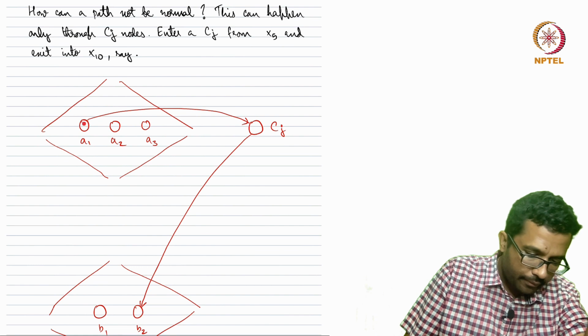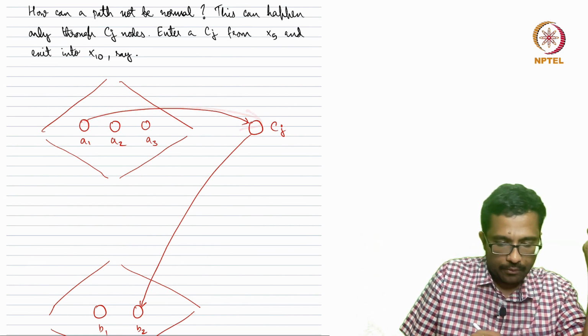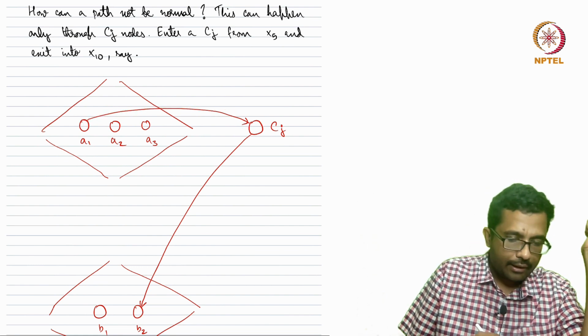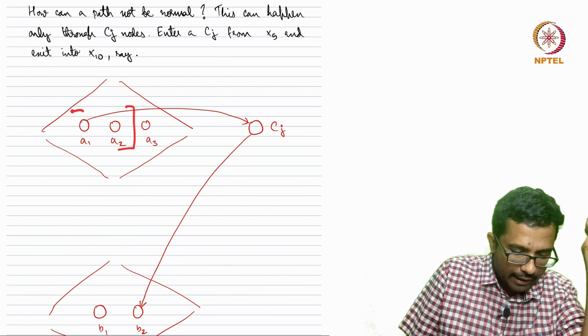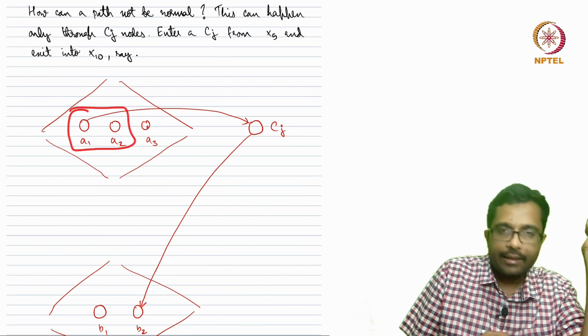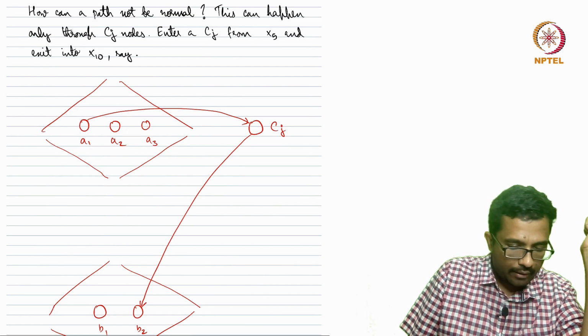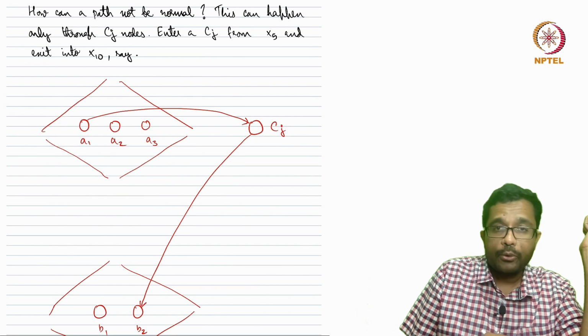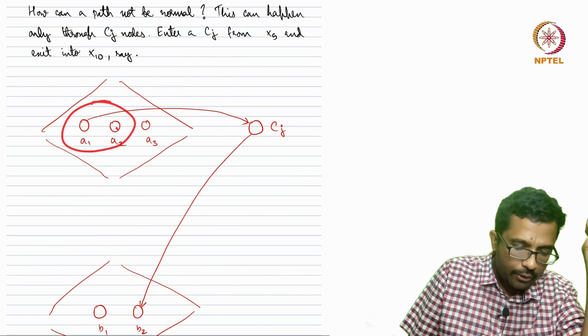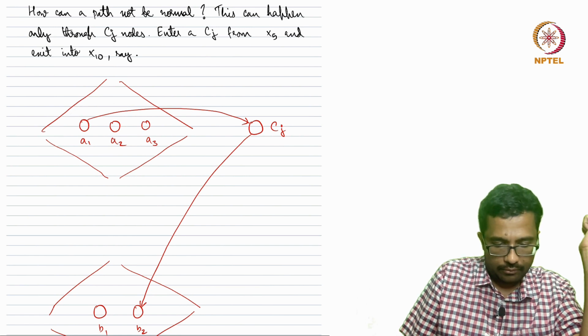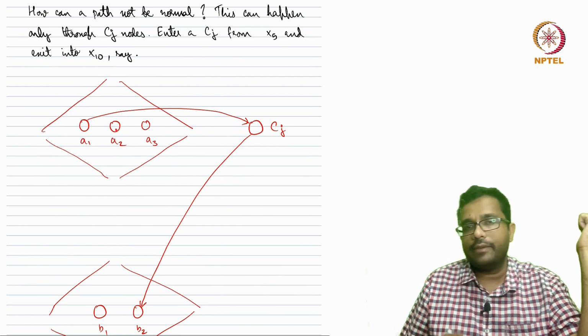If we have this arrow from A1 to Cj, there are two possibilities. One is that A1 and A2 are grouped together and A3 is a separator. So now the question is how are we going to come back to A2? At some point A2 needs to be covered if it's a Hamiltonian path.